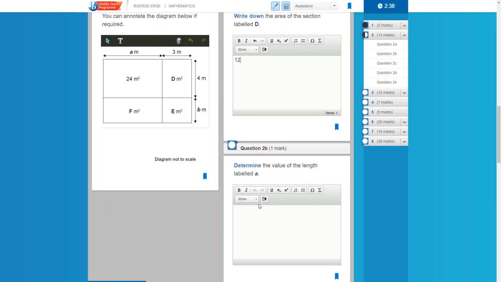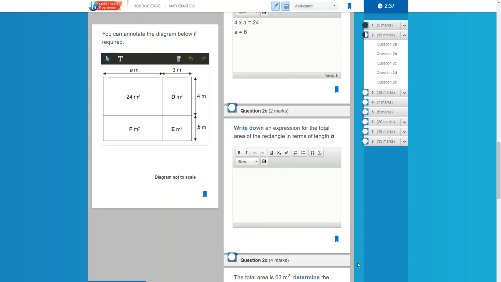And determine the length labeled A. Again, we've got the area this time, so the area is 24. Length times breadth, 4 times A is equal to 24. So A is equal to 6.